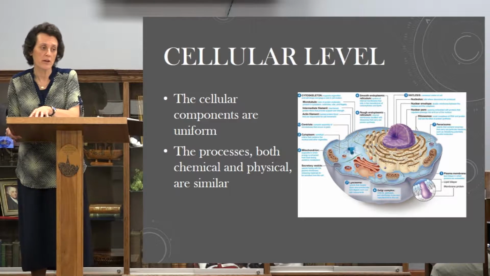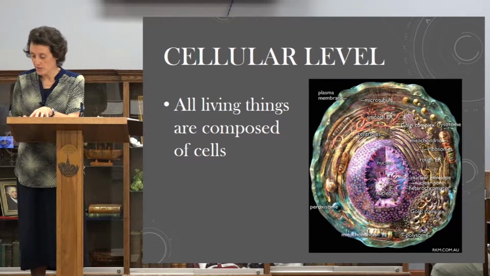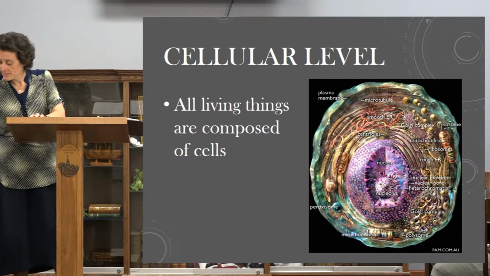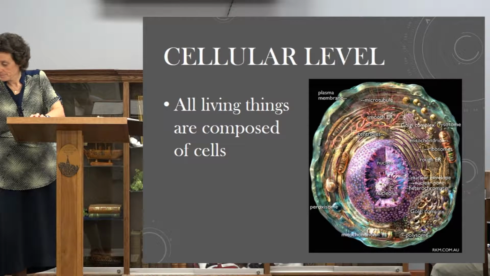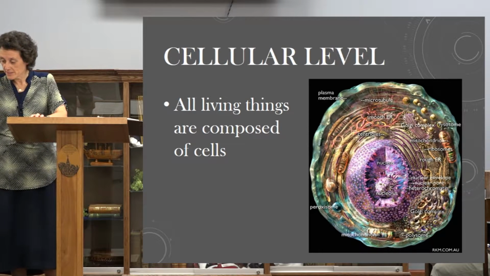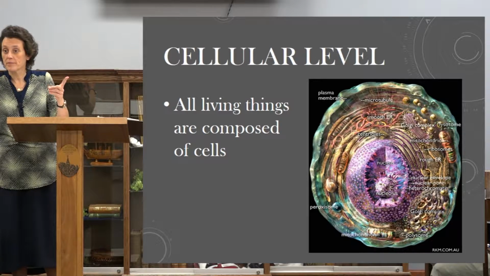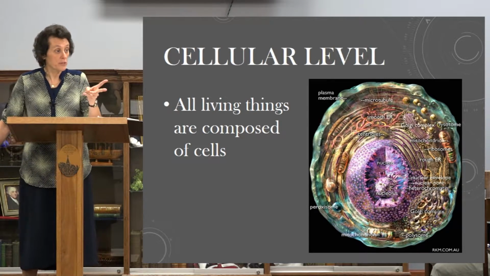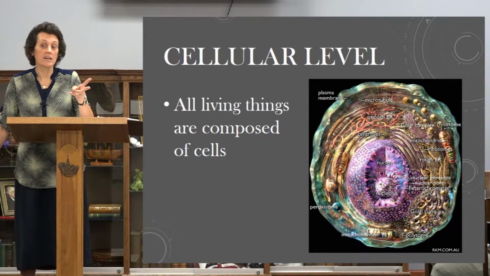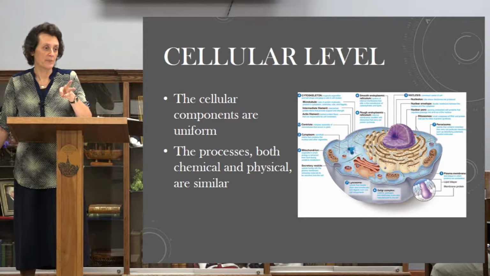So I'm talking about eukaryotic cells here. The picture that I had up, this is an animal cell. You can see that it has the same basic components. A eukaryotic cell has a plasma membrane, a nucleus, and cytoplasm.